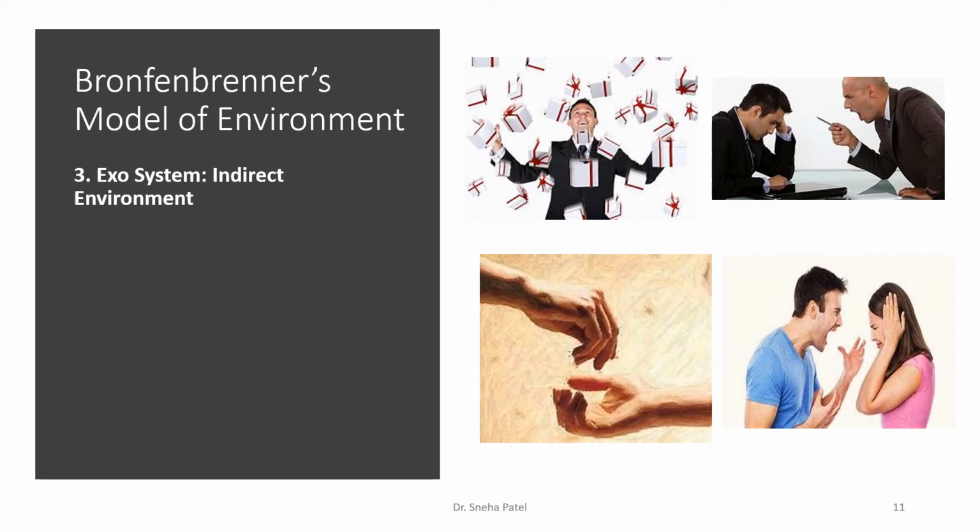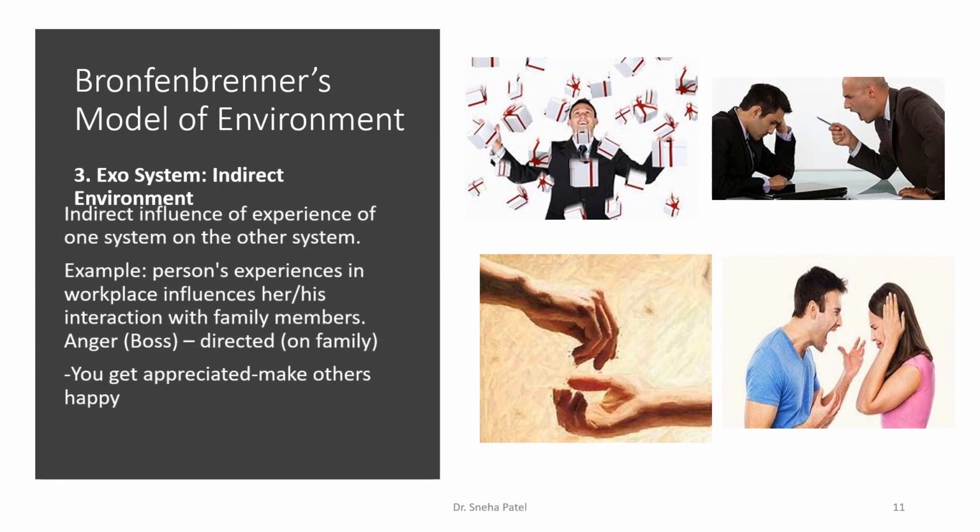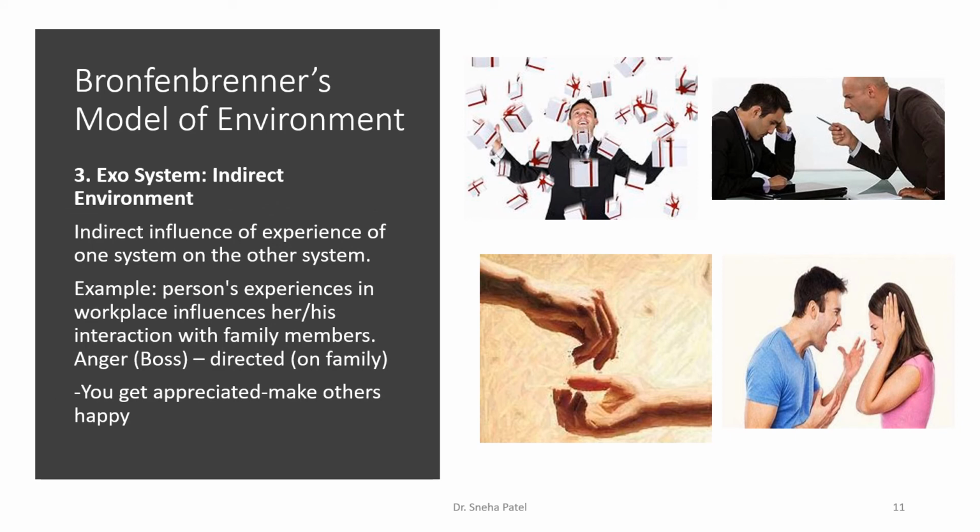The third one is exosystem, or the indirect environment. Indirect influence of the experience of one system on the other system. What is it? Like in the first picture, if a person is awarded because of his hard work, smart work, in the office, he gets some increment.